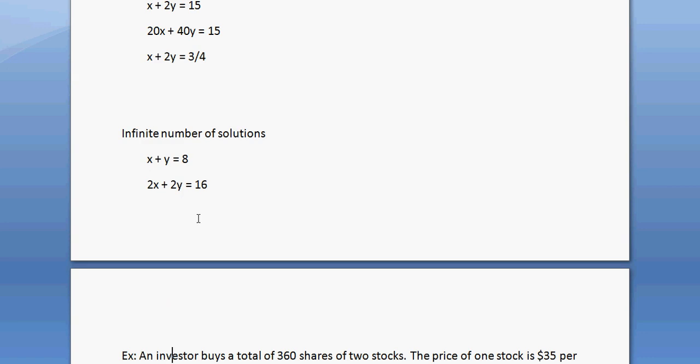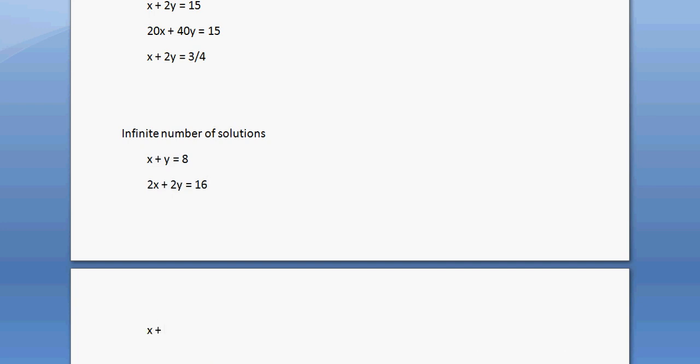Now for infinite solutions, what do we see? Again, we just simplify the equations so that the common things are cut out and we get the equations in the simplest form. And what we see is two equations would be similar, right? Now if we take 2 common out of it, we would get x plus y is equal to 8, right? So these two equations are similar, hence they would have infinitely many solutions.